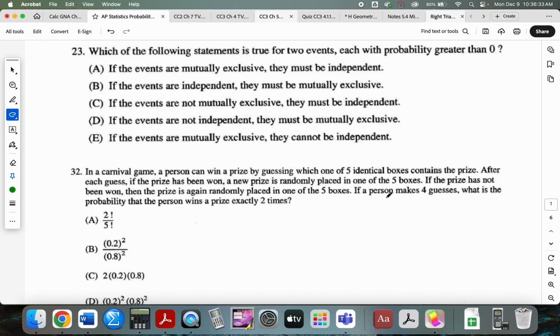So, which of the following statements is true for two events, each with a probability greater than 0? I will let you read over those, and then we will discuss.